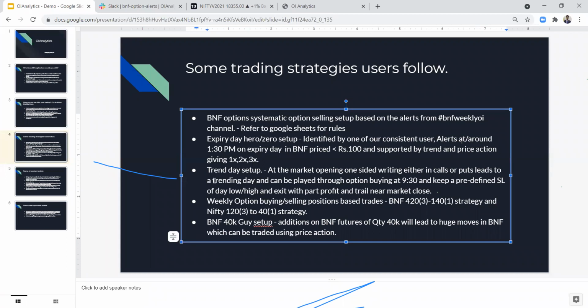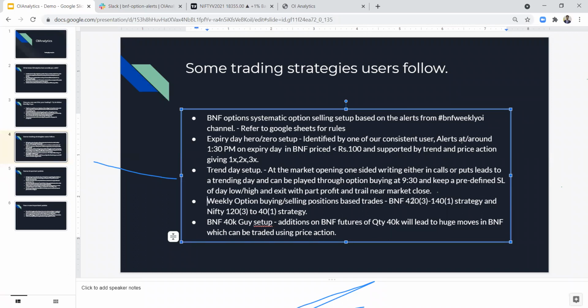And the fourth is weekly option buying or selling positions. So usually what happens here is that on the sell side or buy side, big money takes positions, and usually they sell options priced more than 420 in Bank Nifty, and they take it to 140.